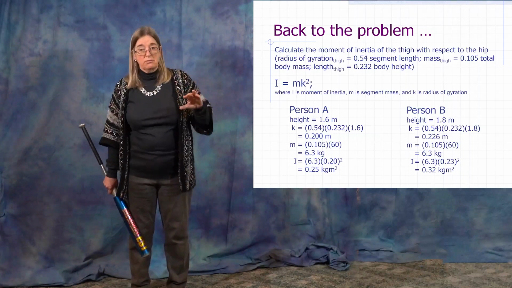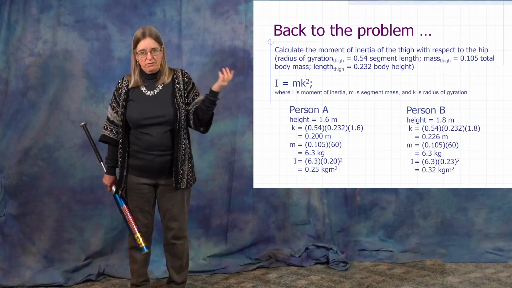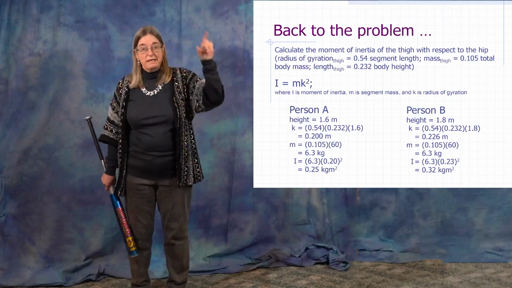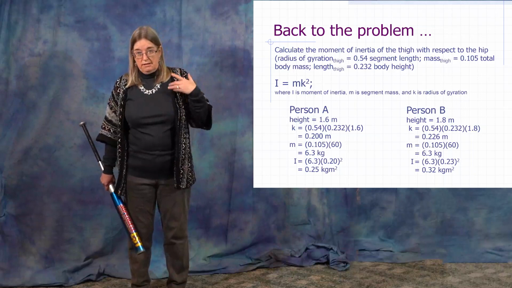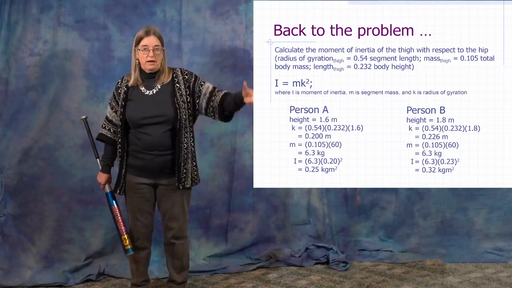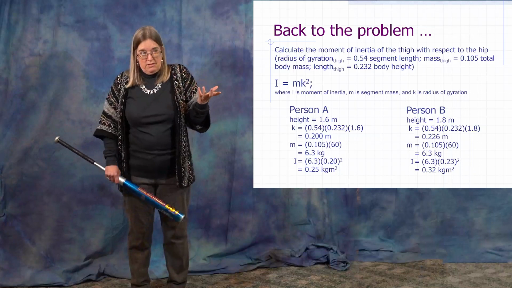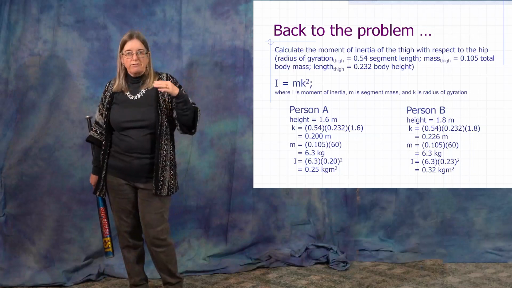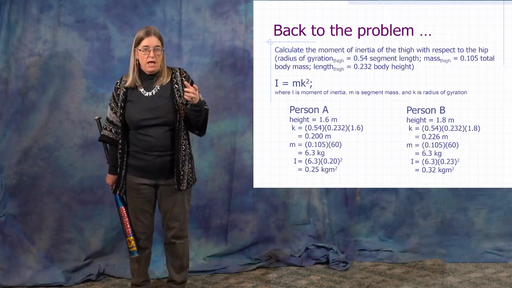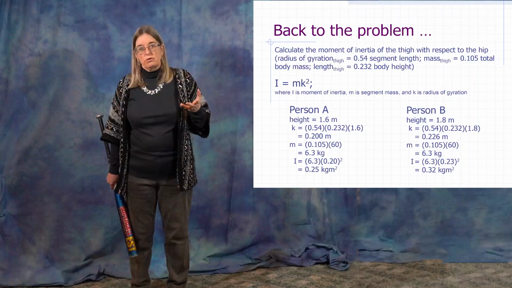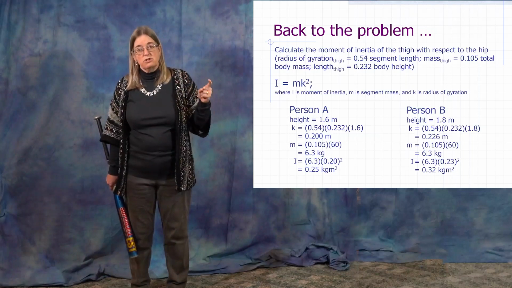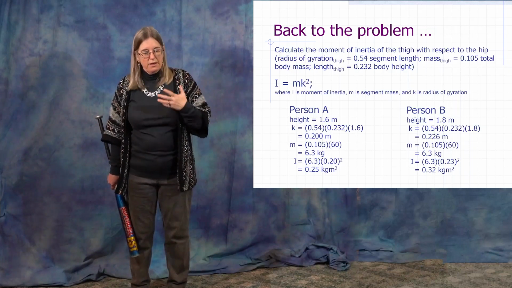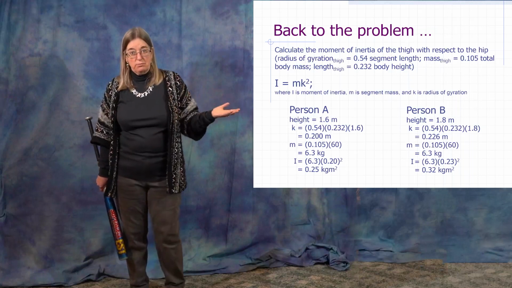Yes, they want to start training them early, but if both parents are tall, then the moment of inertia required to spin and do a somersault in a layout position is going to be quite high for the taller person compared to the shorter person. And so somebody who is shorter is going to have quite an advantage in that type of sport, where moment of inertia is important.